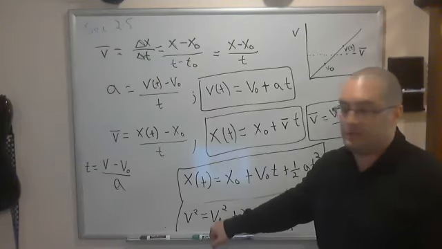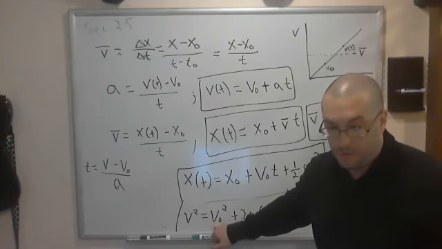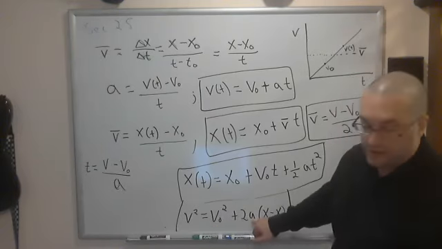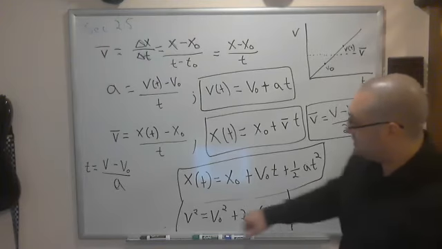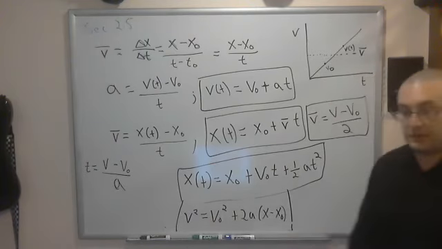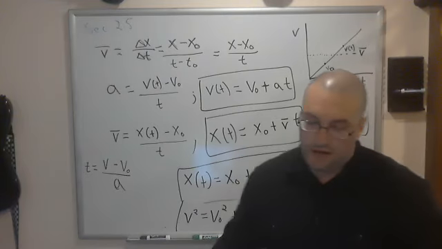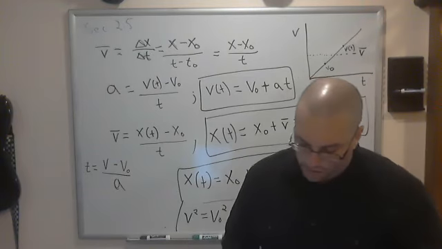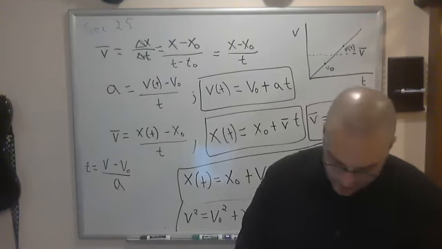Right? At rest means the initial velocity is 0. And then you're given the acceleration and you're given the distance. And if they ask you for a final velocity, use this to calculate it. So it's very important to write down all the parameters that are given in the problem.